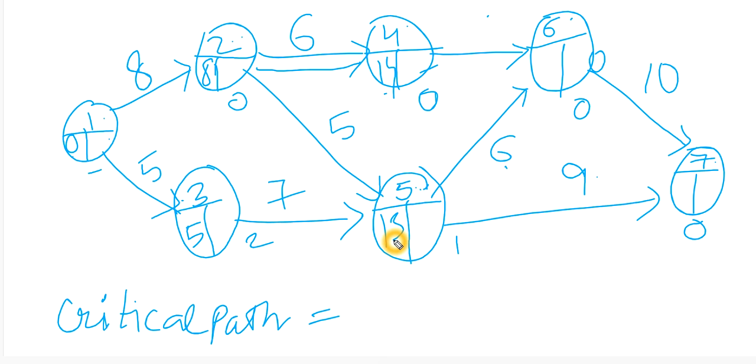Now this is 14. 14 plus the normal time of 4 to 6 is 3, so 14 plus 3 is 17, and 13 plus 6 is 19. So we'll take the larger one, 19. 19 plus 10 is 29 and 13 plus 9 is 22. So we'll take the larger one, 29. So EOT of the last activity is again 29. 29 minus 10 is 20.